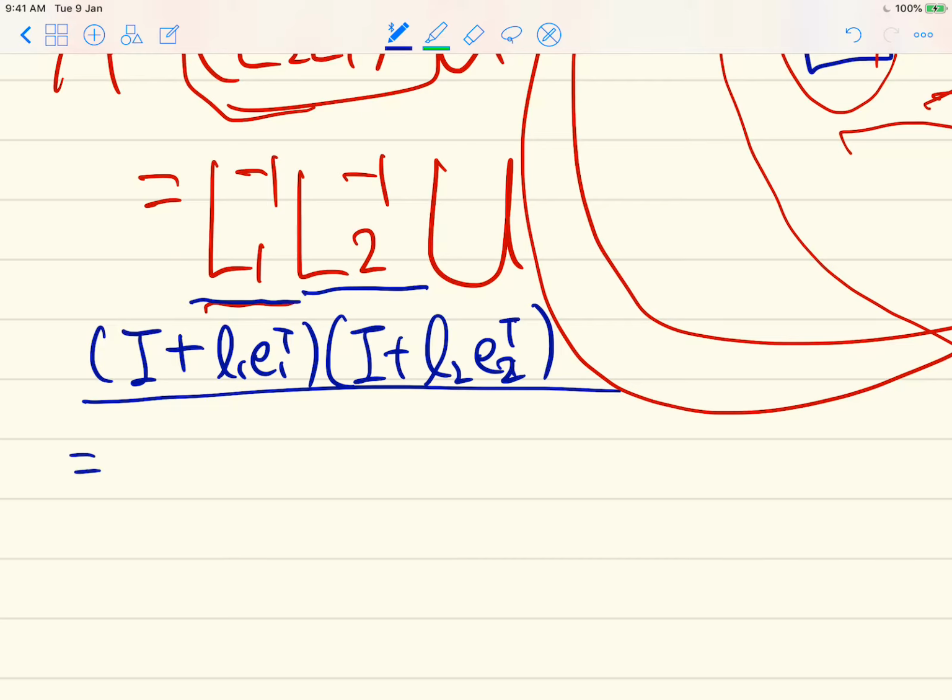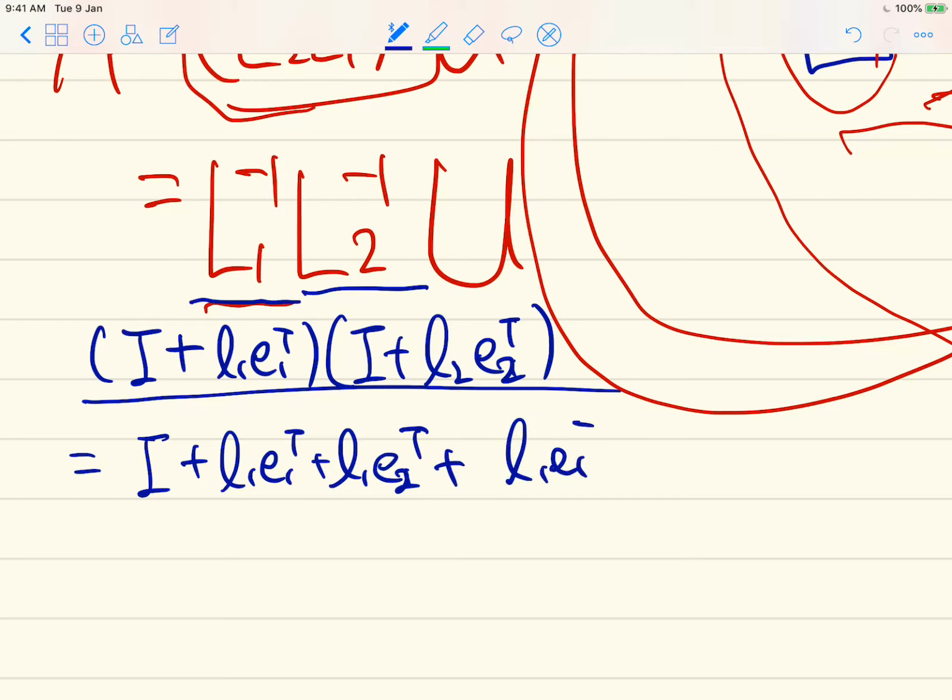I want to prove the product of this is equal to just this one, which is like L1 E1 transpose, L2 E2 transpose, and this whole part is 0, right? So I want to prove that part.